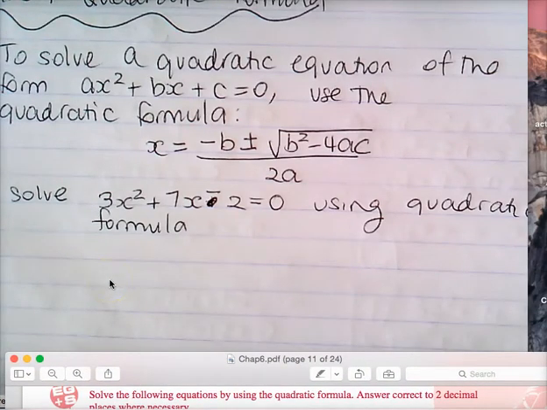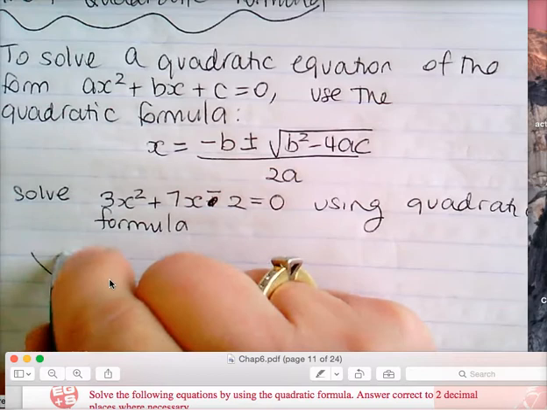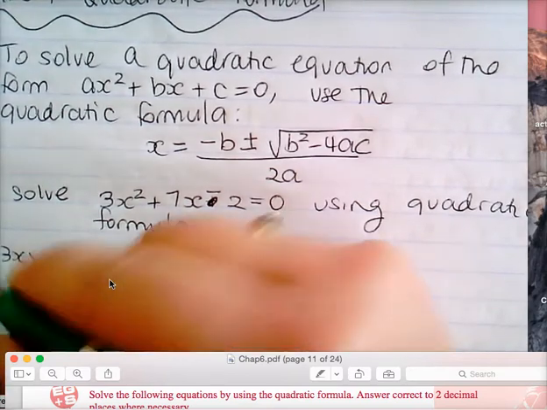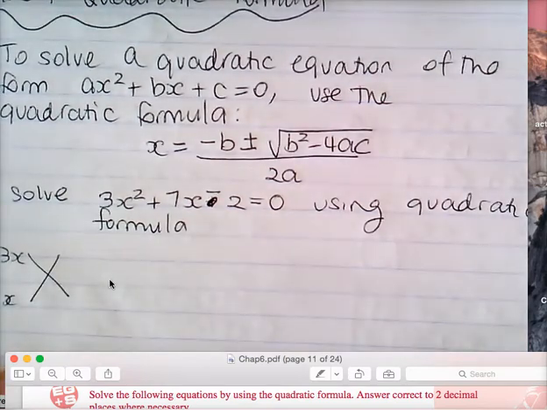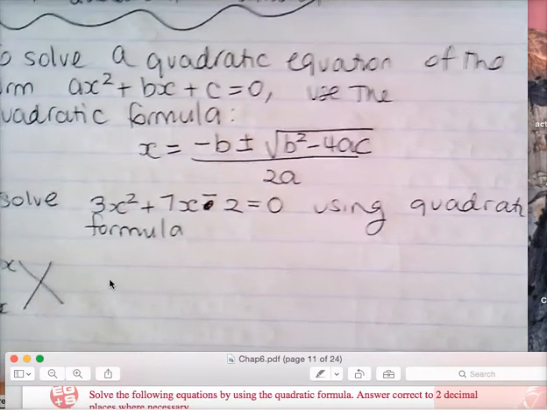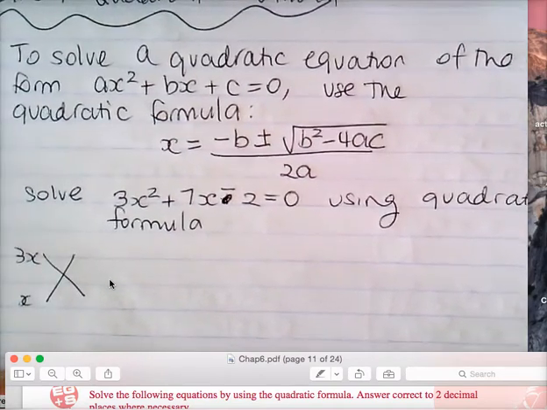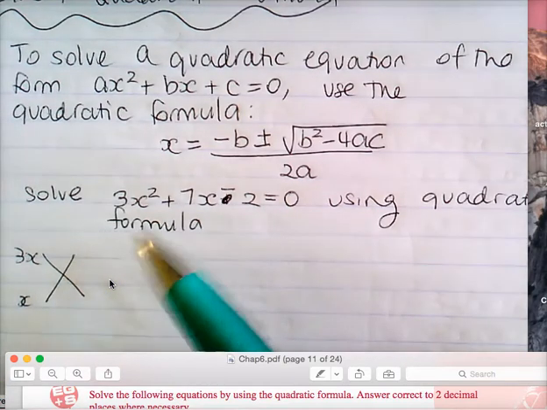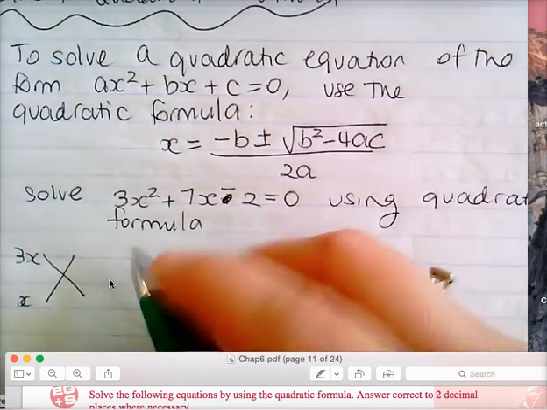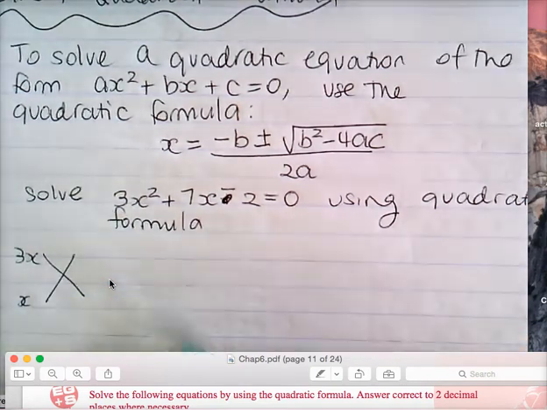We're going to solve this first equation using the quadratic formula. So solve 3x squared plus 7x minus 2 equals 0 using the quadratic formula. Look, I'm going to try it with crisscross, but you're going to see that you can't get a solution. So let's say you're trying crisscross or something else and you don't get a solution. You stop and you use the quadratic formula. So let's say I did decide to use crisscross. 3x squared would be 3x and x.